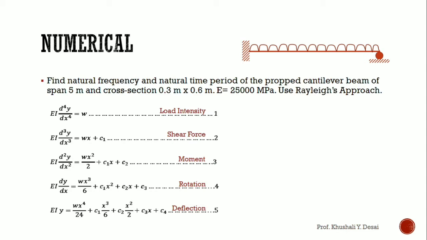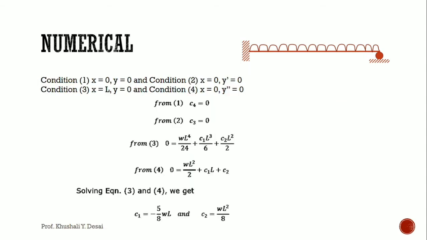These are the equations from basic structure analysis. For the propped cantilever beam, if you substitute the boundary conditions, and the beam is having length of 5 meters, at x equal to 0, the support is a fixed support. So we'll say condition 1 as the displacement y is equal to 0, and condition 2 is that the rotation as well is 0 at x equal to 0.